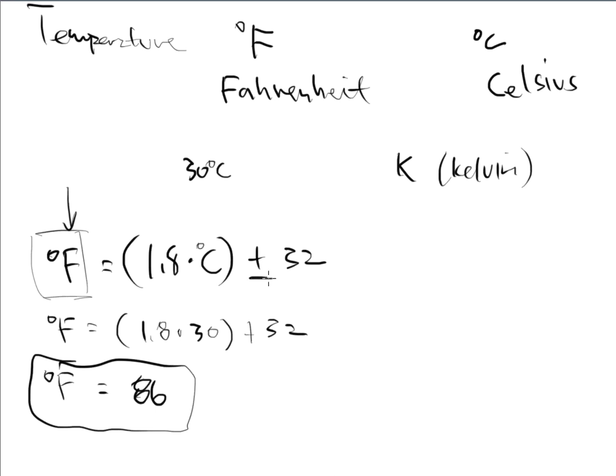That's why we add, and that's why we multiply. It makes that number go bigger. So 1.8 times 30 plus 32. If it was 25 degrees Celsius, I'll take 1.8 times 25 plus 32. If it was 100 degrees Celsius, then I'll take 1.8 times 100 plus 32, and I get an answer for that. I don't want to be outside on that kind of temperature day, okay?